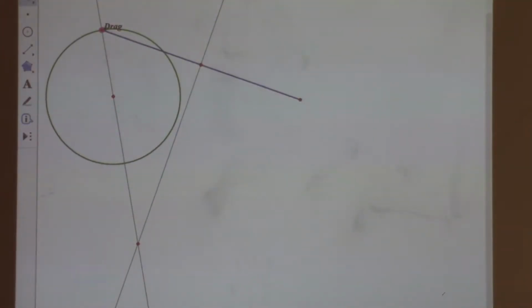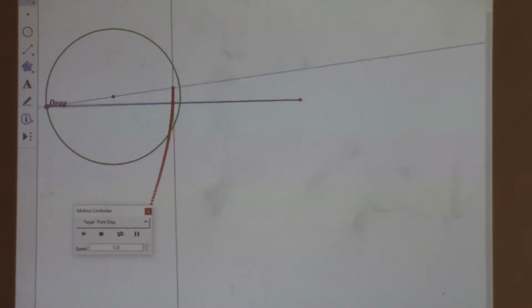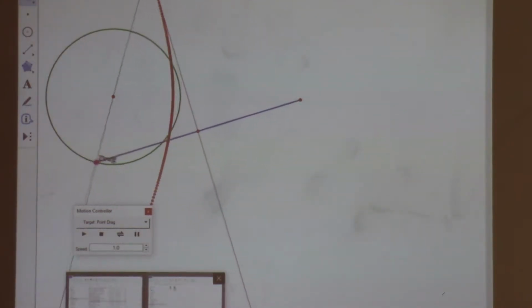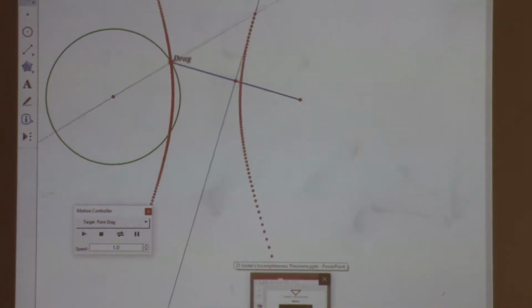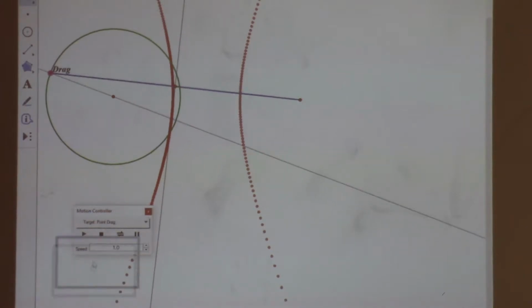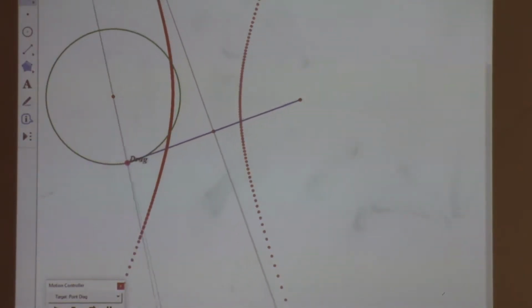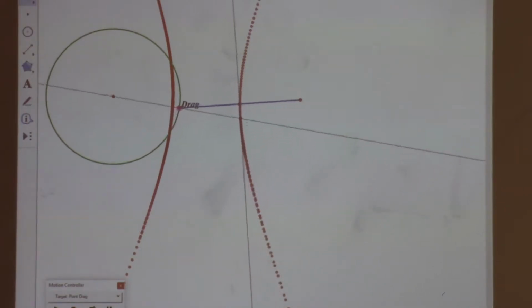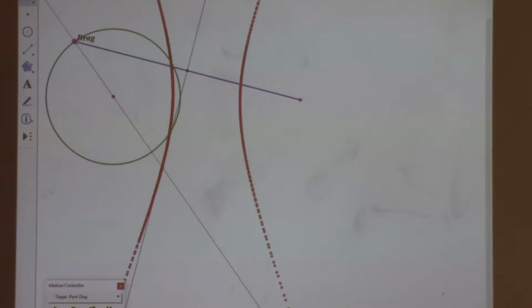Oh, this is a whole nother way to construct a hyperbola. Oh, it's like the intersection of points when you rotate. I'm not even totally sure what's going on. The hyperbola itself is the intersection of a point.